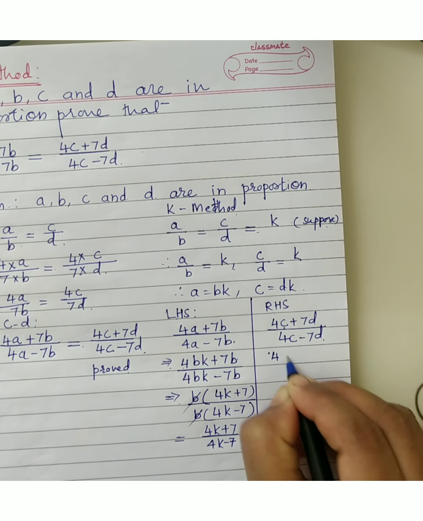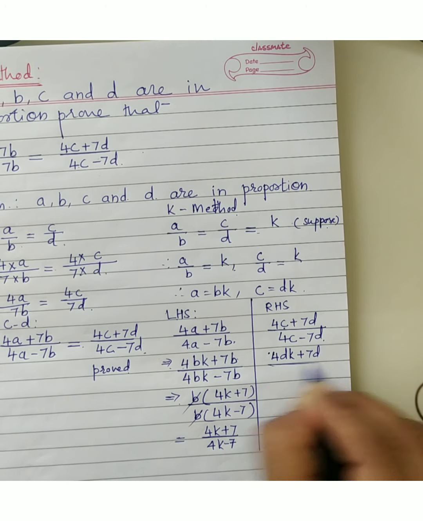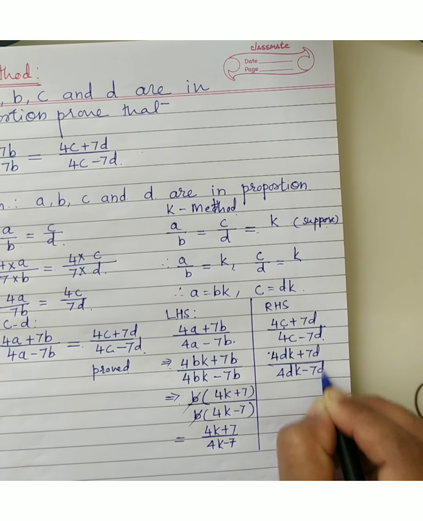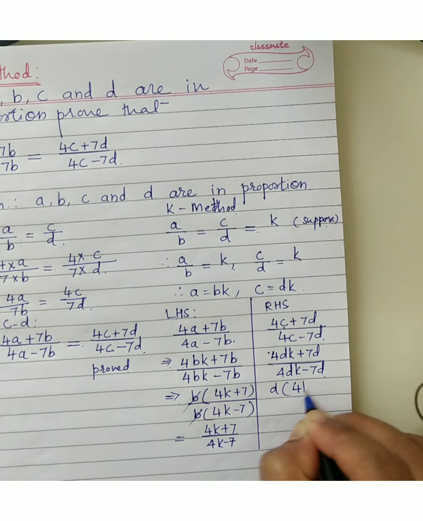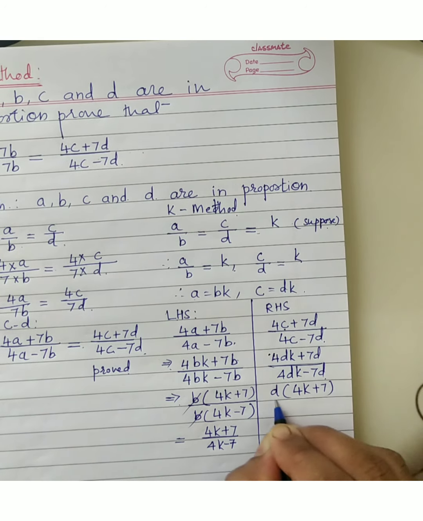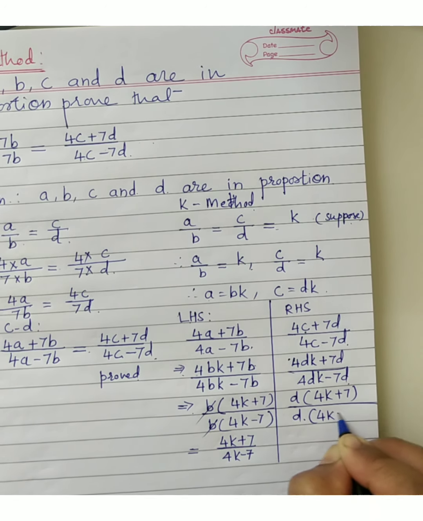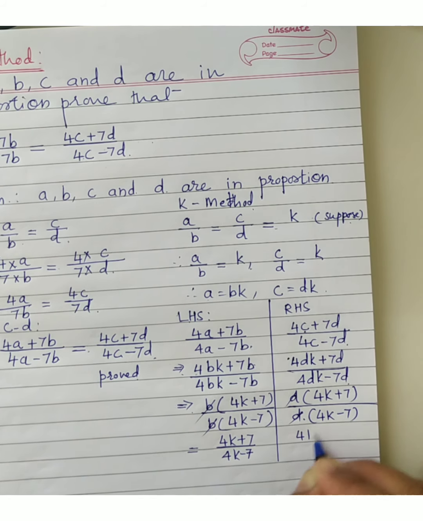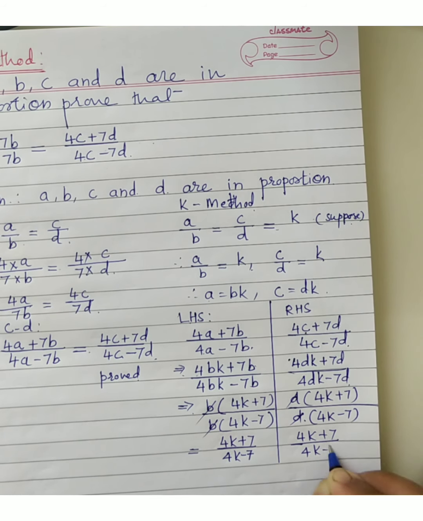So 4dk plus 7d upon 4dk minus 7d. What do you observe is common there? d. What is left: 4k plus 7, again d common, 4k minus 7, and d gets cancelled. What is left is 4k plus 7 upon 4k minus 7.